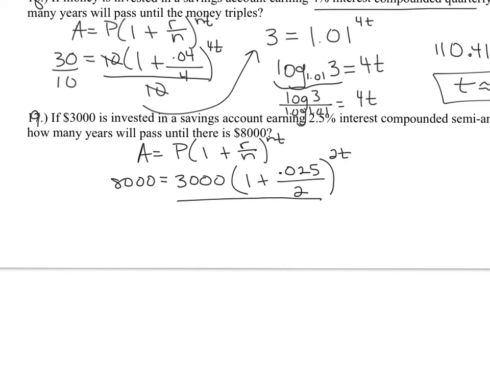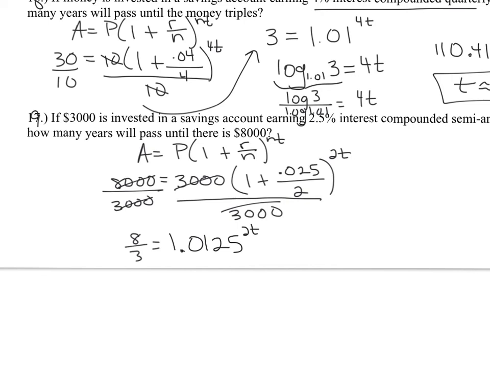So we're looking for the time again. So first step, divide both sides by 3,000. So you get 8/3. And then when you type in whatever's in this set of parentheses, 1 plus 0.025 divided by 2, I get 1.0125 to the 2t.